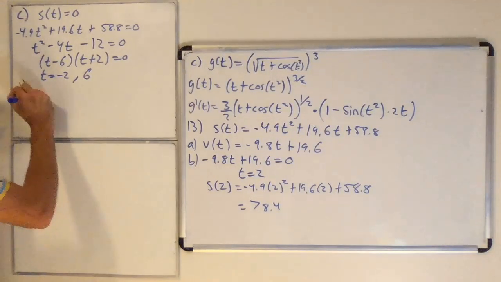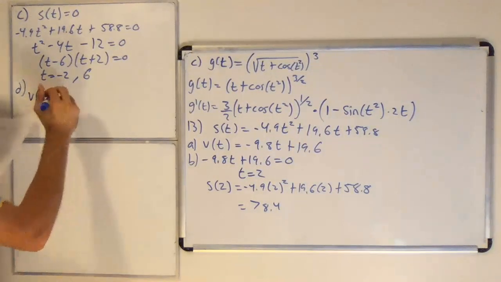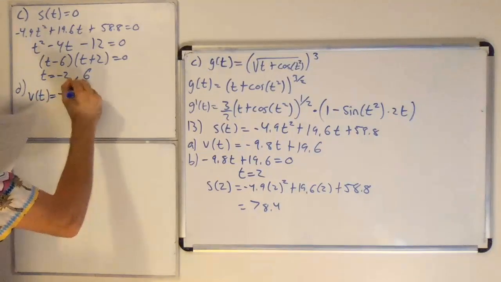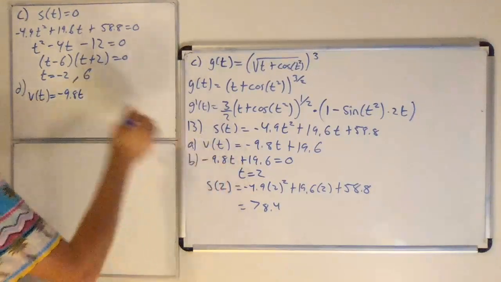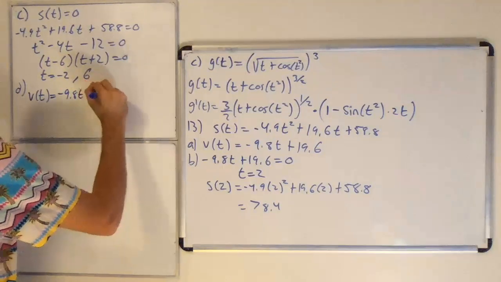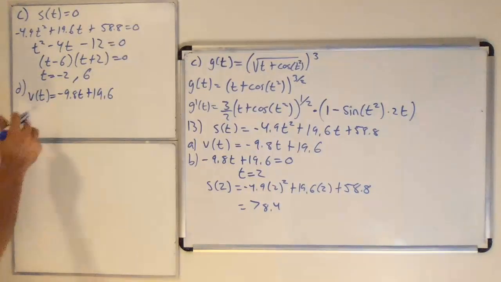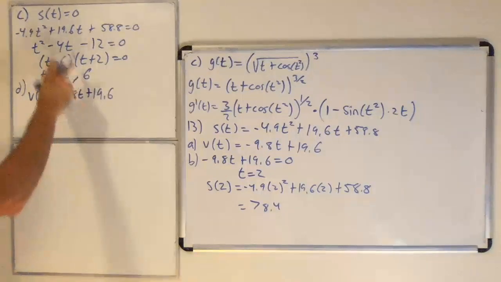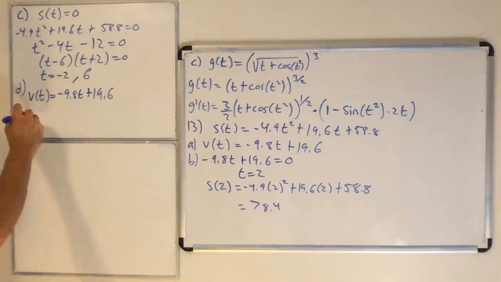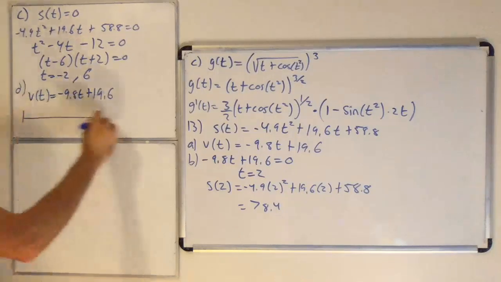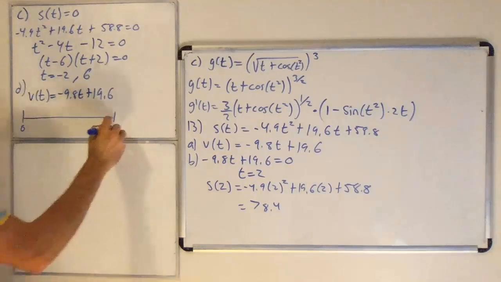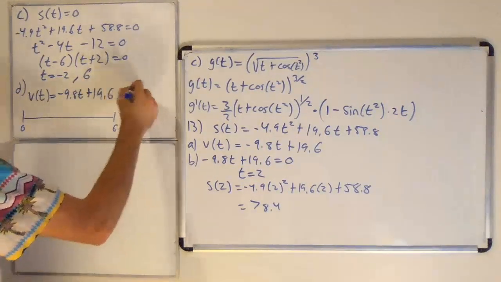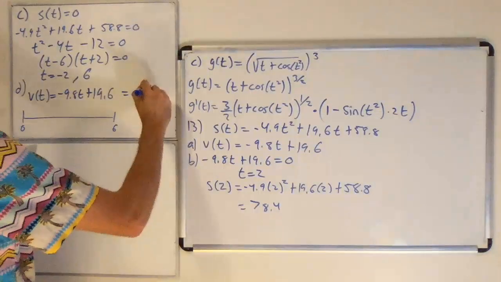Okay, so v of t is equal to negative 9.8 t plus 19.6. And once it hits the ground, the question is done. So we're going to go from 0 to 6. We're going to set this equal to 0 and solve. We've already done that. t equals 2.